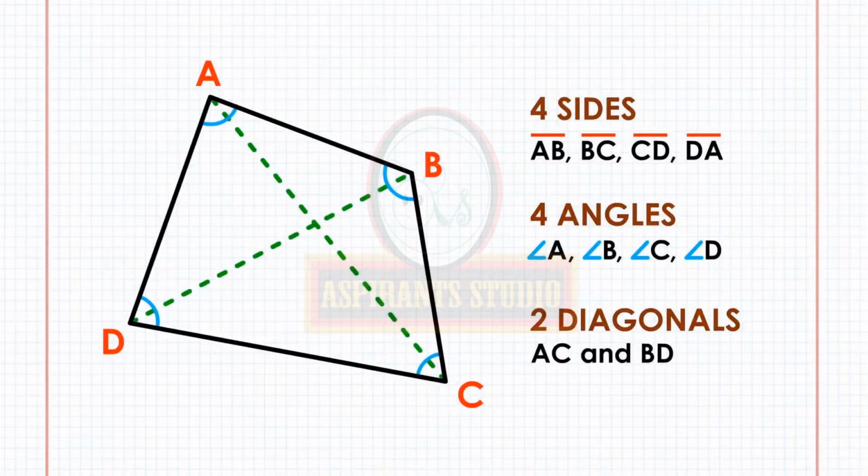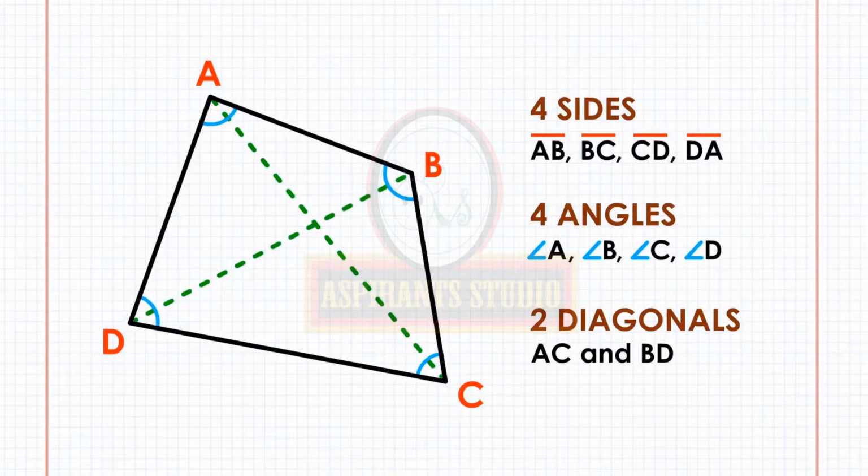Now look at this quadrilateral ABCD. Here the 4 sides are segment AB, segment BC, segment CD and segment DA. Instead of segment, this format is given, but we are using only SEG in our textbook.